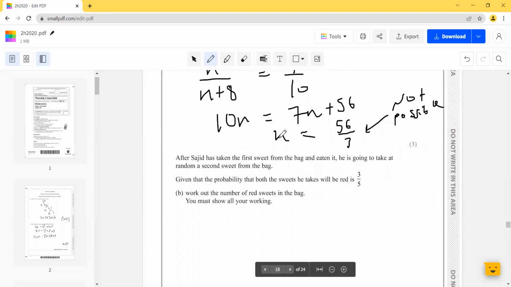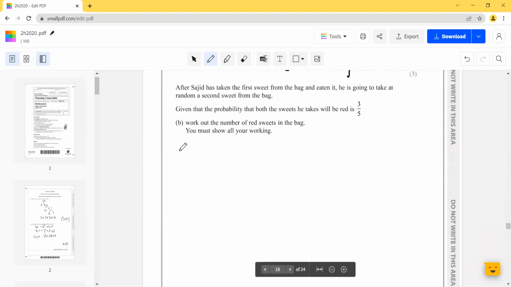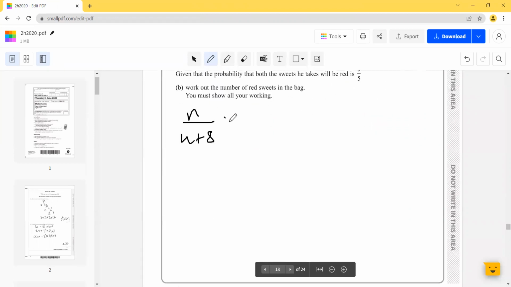After Sajid has taken the sweet from the bag and eaten it, he is going to take at random a second sweet. Given that the probability that both sweets that he takes are red is 3 over 5, work out the number of red sweets. Okay, so the probability of getting a red the first time is n over n plus 8. And after he takes a red sweet, how many red sweets are left?